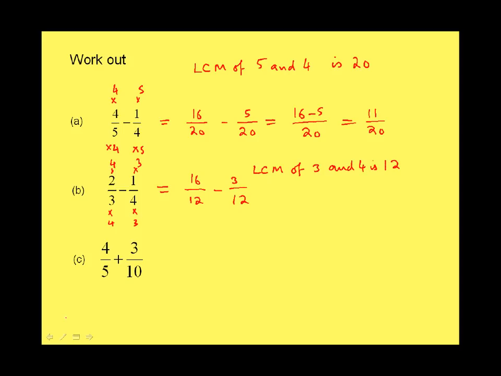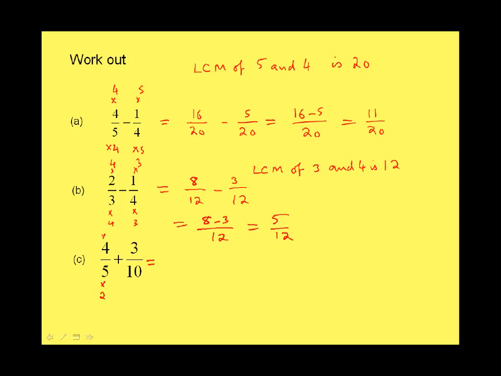So this is 8, since 2 times 4 is 8. Then we write 8 minus 3 over 12. So it's 5 divided by 12.